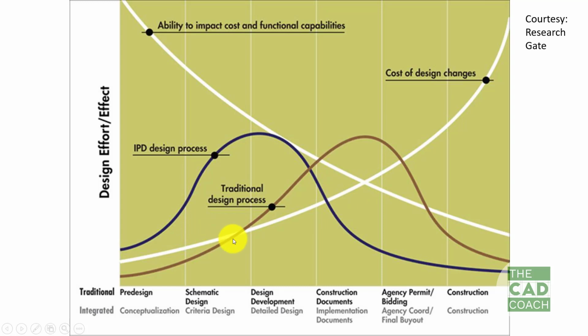Now come to the traditional design process. It is nothing but the accumulation of stakeholders. That is how I perceive these two graphs. The brown one says that initially construction participants or stakeholders are very few, and slowly they increase.